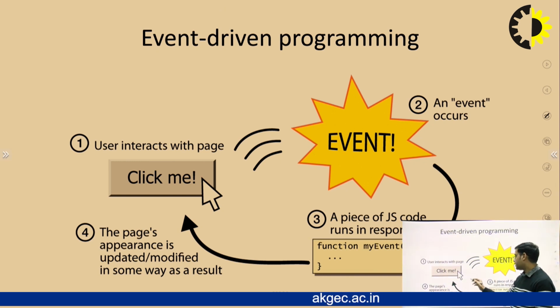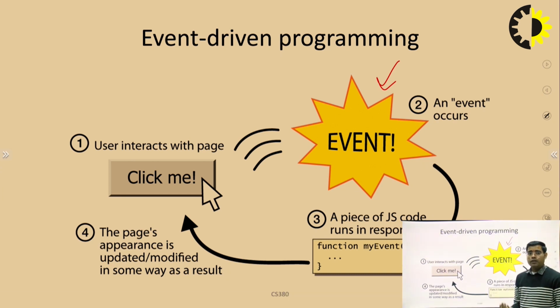When the user clicks this button, then an event occurs. As you can see here, an event occurs. After the event occurs, the function, or we can say the event invocation.